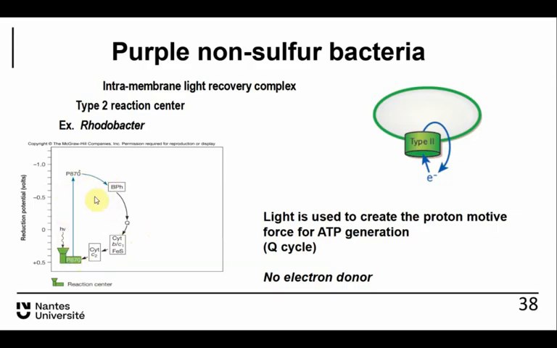So the electrons just go round and round. Okay, there's no electron donor, no electron acceptor. Why is this useful? Well, it's useful because if you've got the Q cycle, the quinone cycle, you can produce a proton motive force. And you can use this proton motive force to generate ATP. So that's great. You get ATP for free. So that's why it's useful.